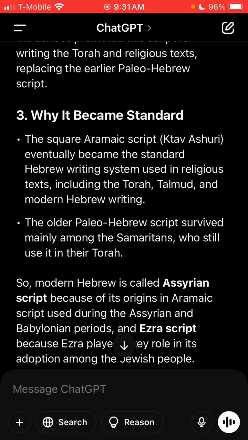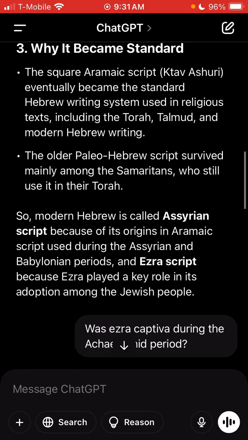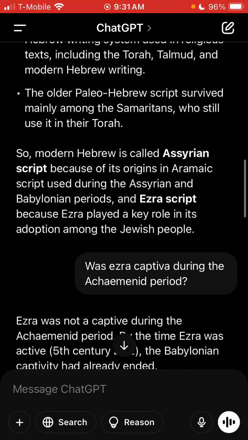But its origin is Aramaic at the end of the day. And it is called the Ezra script because Ezra played a key role in its adoption among the Jewish people.